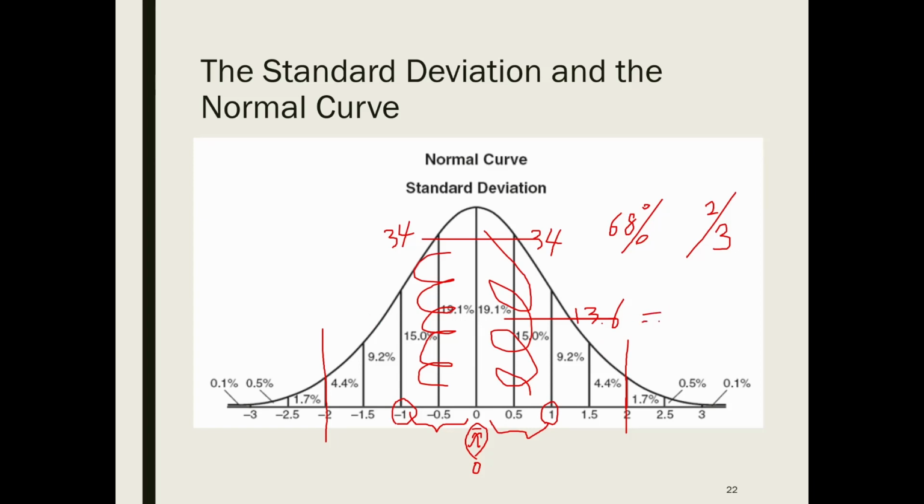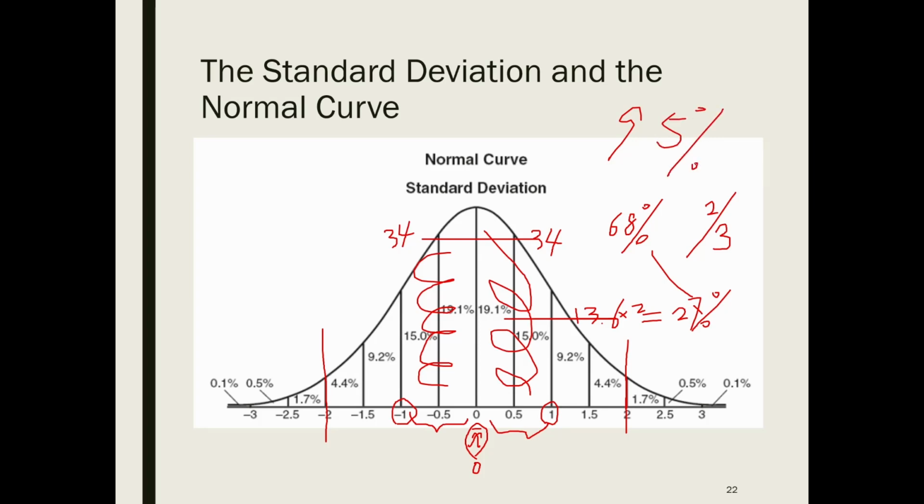So if you double it, multiply by 2, that would be about 27, something like 26 or 27. Estimated, it's 27%. So you add those two things together, and you will get about 95%.